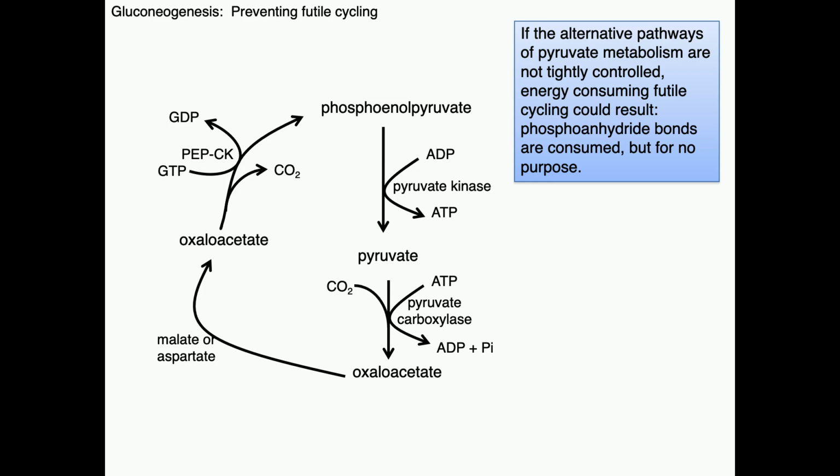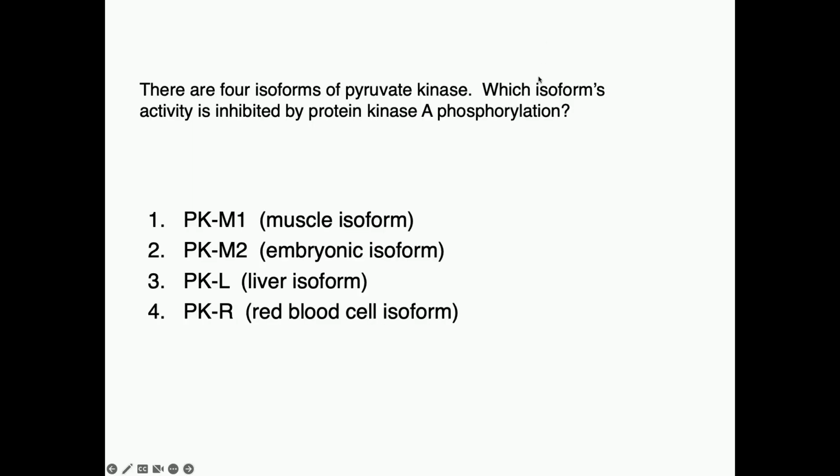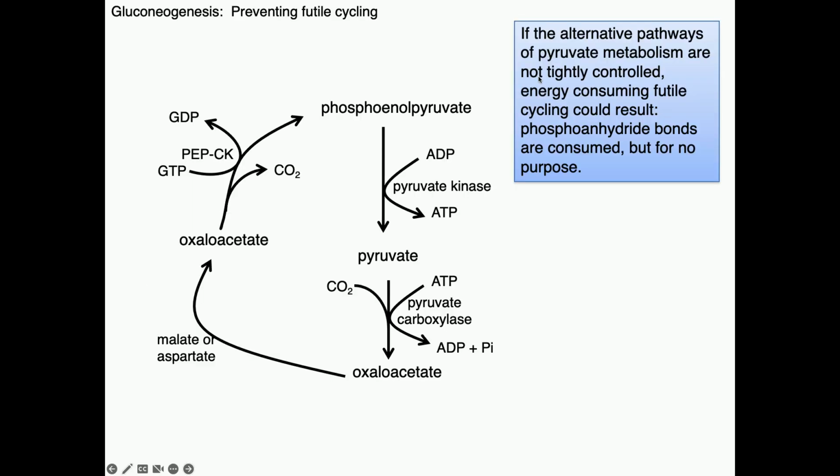So that's what we're trying to avoid. And what we'll talk about at the beginning of the next hour are strategies to turn off glycolysis when gluconeogenesis is on, and vice versa. Okay, so why don't we take a break and come back at 2 o'clock?